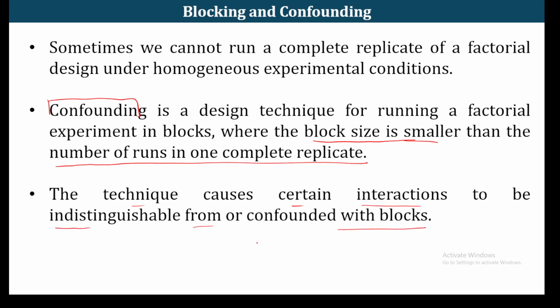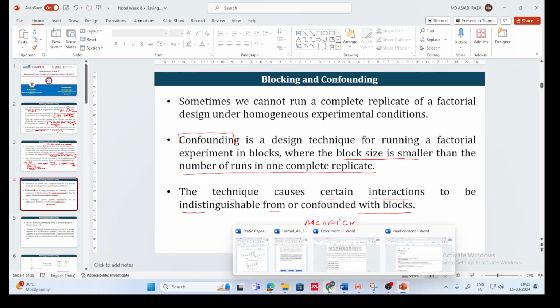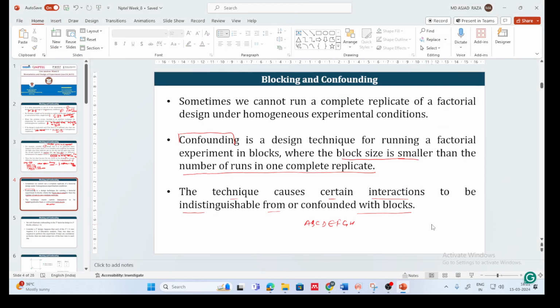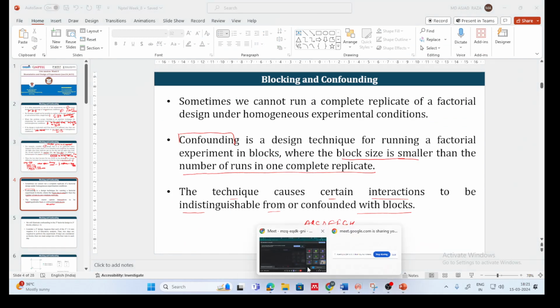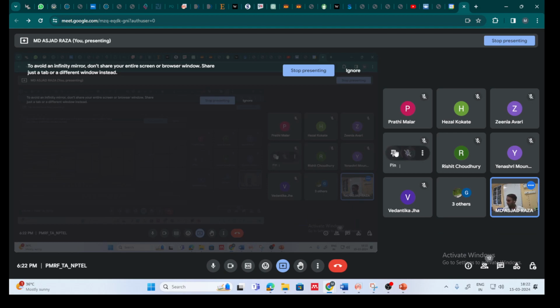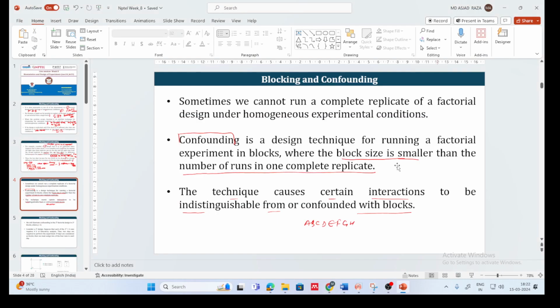Let's say I told you that you have A, B, C, D, E, F, G, H, like 8 or 9 effects will be there. So those need to be confounded with the higher order interaction, so that they are indistinguishable.